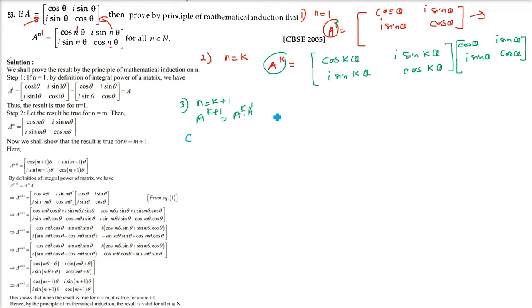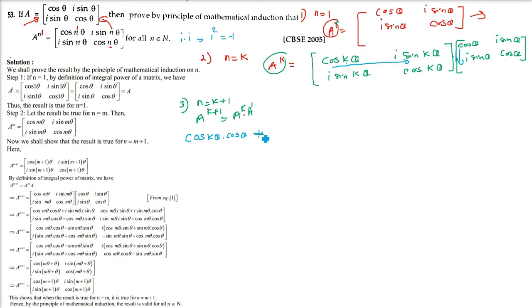See, what should come? As I said, every k should become k plus 1. Then we say that if it is true for n equals k, it should be true for n equals k plus 1. Let us see. So this row with this column, 1 by 1. I am multiplying cos k theta with cos theta, plus now i sin k theta with i sin theta. Now you see, i into i is i square, because this is complex, so i square will be equal to minus 1.